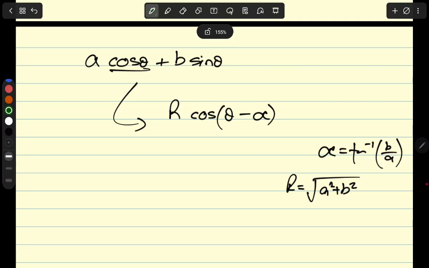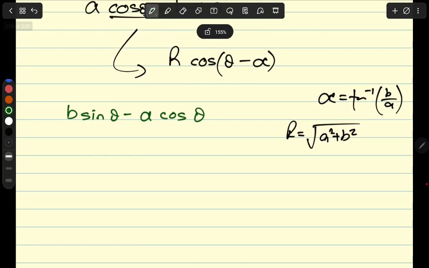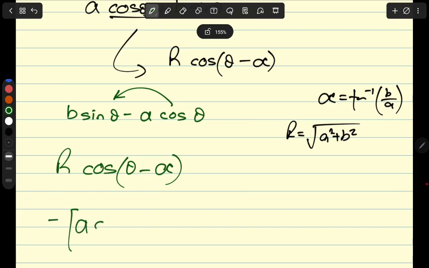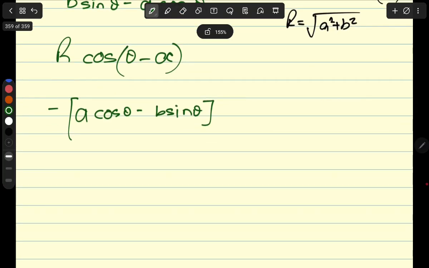Okay, now if this was b sine theta plus a, or rather minus a cos theta, and you had to find out, now if you had to convert this into r cos theta minus alpha, okay, so first of all put this in the first place, so this becomes, and I will take minus common as well, so this becomes a cos theta minus b sine theta, and I'm dealing inside the square bracket right now only.